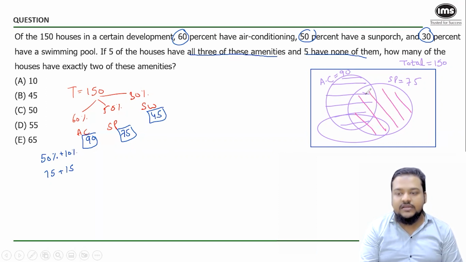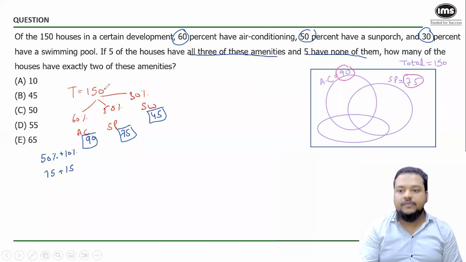You can see that there is overlapping. Out of these 90 and 75 houses, there might be some houses that are common, that have both facilities, air conditioning as well as sun porch, and some of them even share a swimming pool as well. That is what we need to understand here.